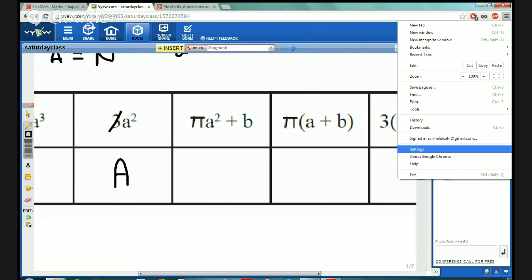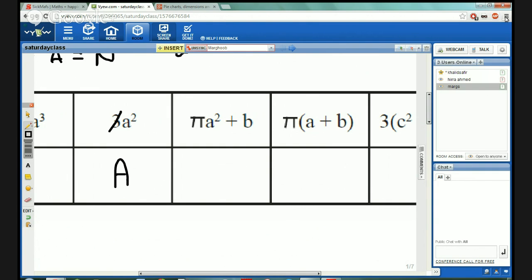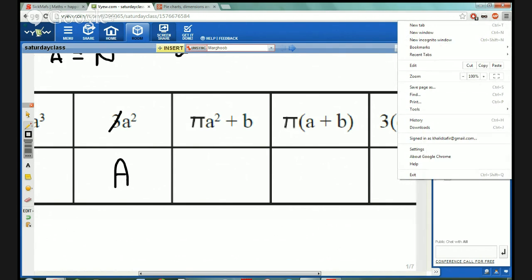Click on the thing with a bunch of lines and you get a drop-down menu. It says new tab, new window, blah blah. If you go fourth from the bottom, it says settings usually. Click on that.